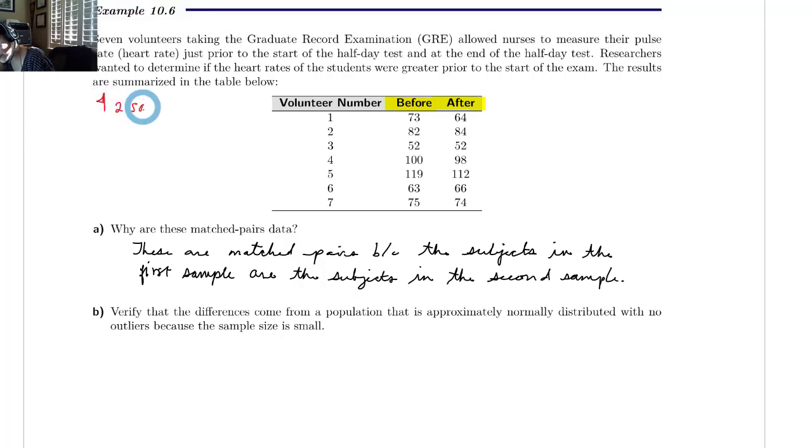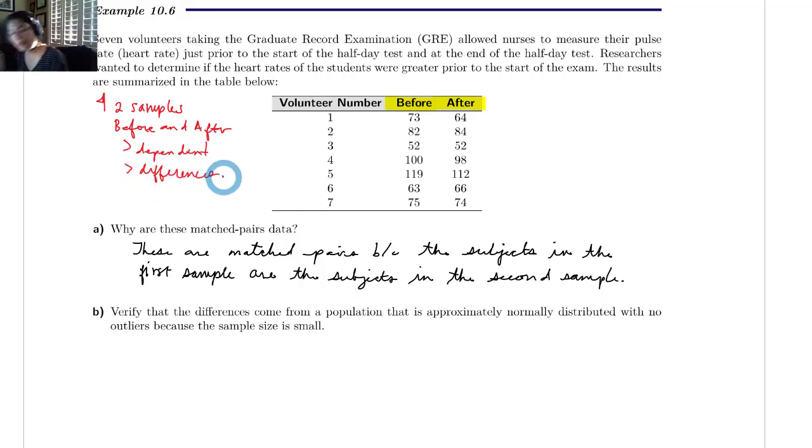Two samples, before and after, implies dependent matched pairs, and then you're going to look at the differences. I would keep it straight. Before is going to be list 1 or mu sub 1. List 2 is after, mu sub 2.